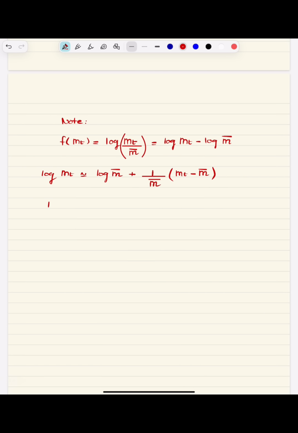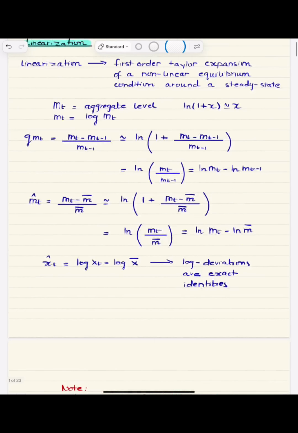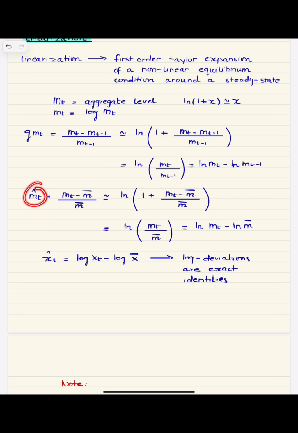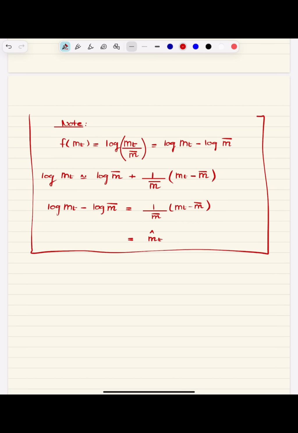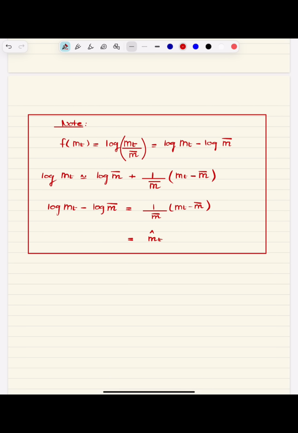Therefore we get log m_t minus log m bar equals 1 over m bar times (m_t minus m bar), which we just defined as the deviation of any variable from the steady state. So on the right-hand side we have the variable x hat t. So this is circular logic. There's no point in us linearizing a function which is in logs.